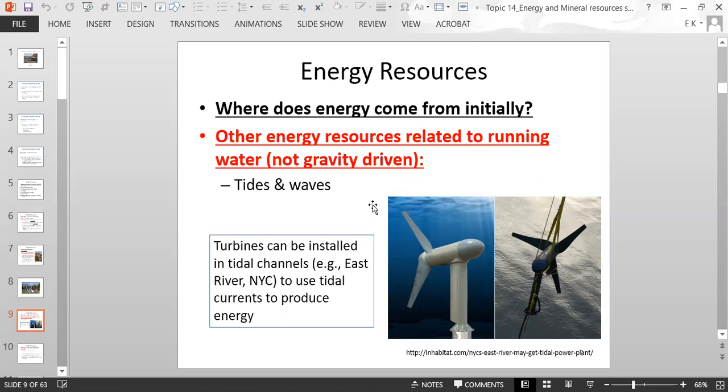And a tidal channel has water flowing either in or out of the channel, during high tide or low tide. So that tidal current could spin the turbine and produce electricity. And you could also do this in an area where it's a lot of waves.